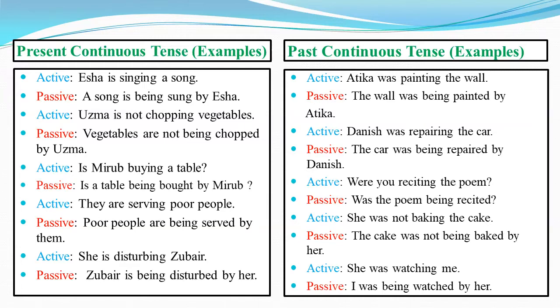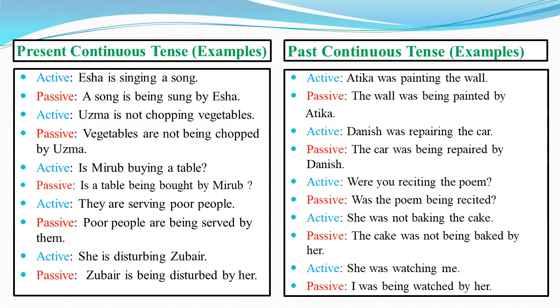And the passive is: Is a table being bought by Meera? Question mark. Okay, another example: They are serving poor people, and the passive is: Poor people are being served by them. Okay, here is another sentence: She is disturbing Zubair, and the passive is: Zubair is being disturbed by her.